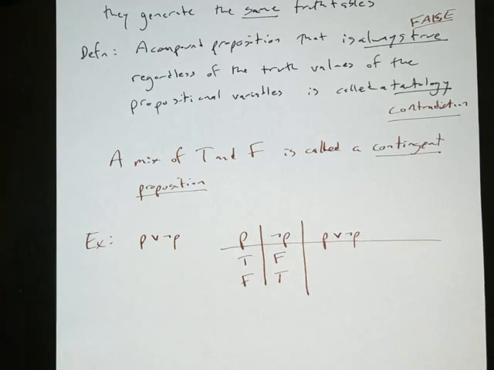Negation simply flips the bits. So things that were false are now true, things that were true are now false. We simply flip the values. Now, or. When is or true? When is or false? One of them is true, but the other is false.